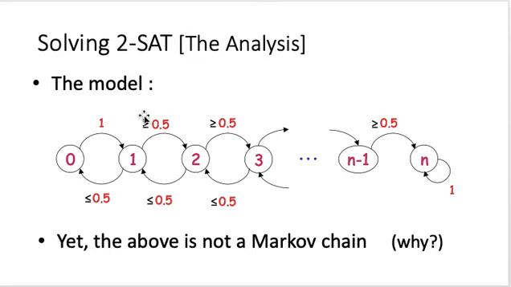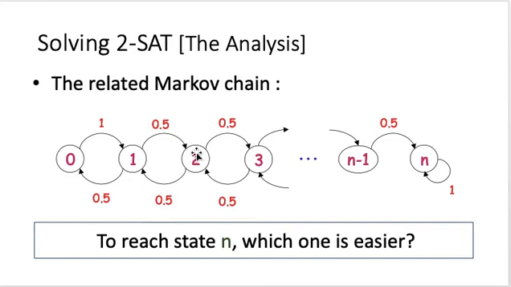So this is not a Markov chain. In a Markov chain, this has to be a fixed probability. So in that case, we get a related Markov chain as follows. Instead of having uncertainty on the edges, we make it specific without any uncertainty. So it is 0.5, 0.5, 0.5, and so on and so forth.